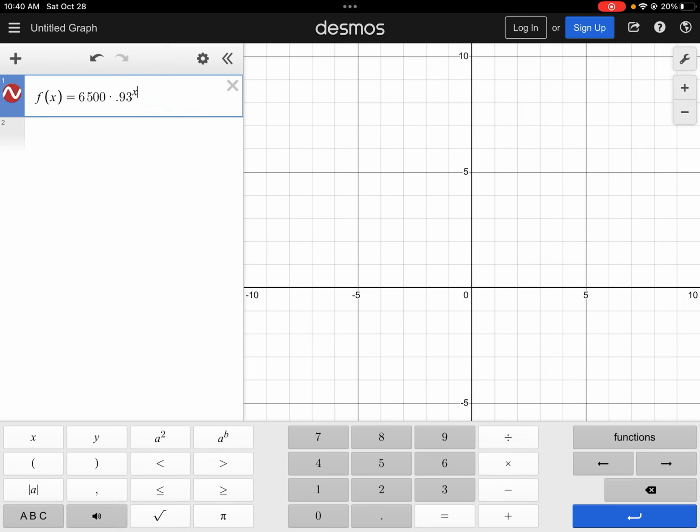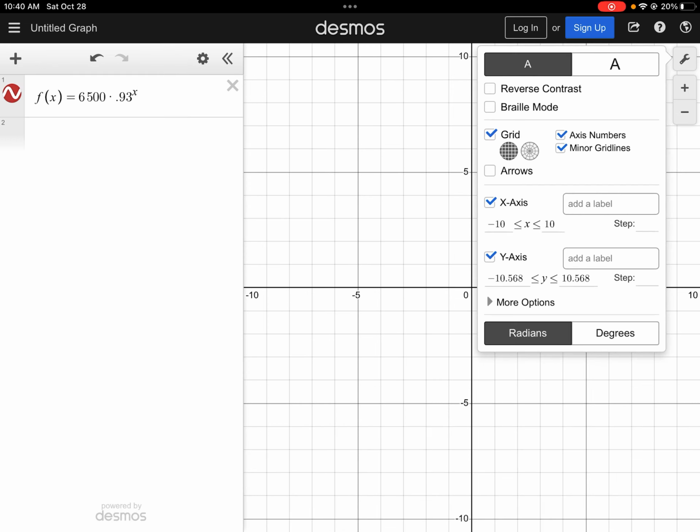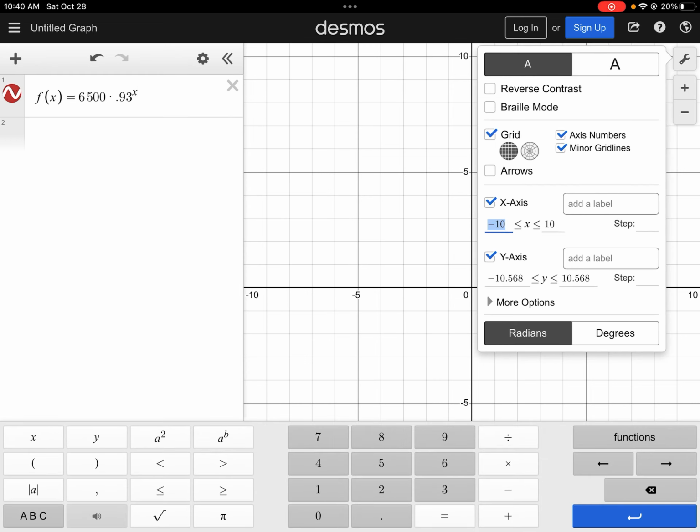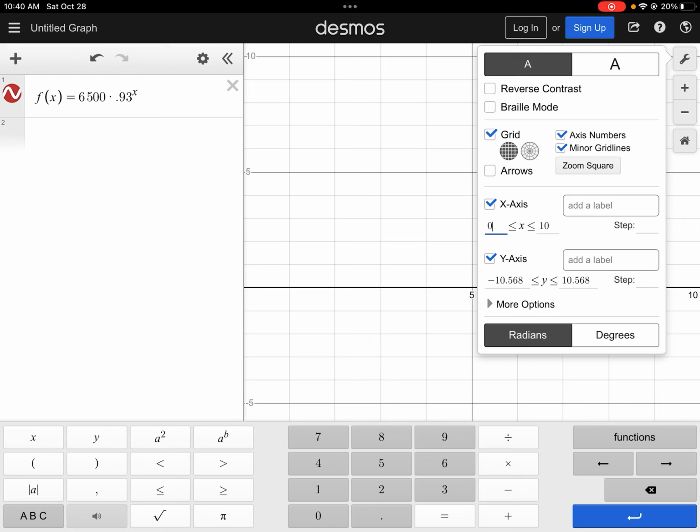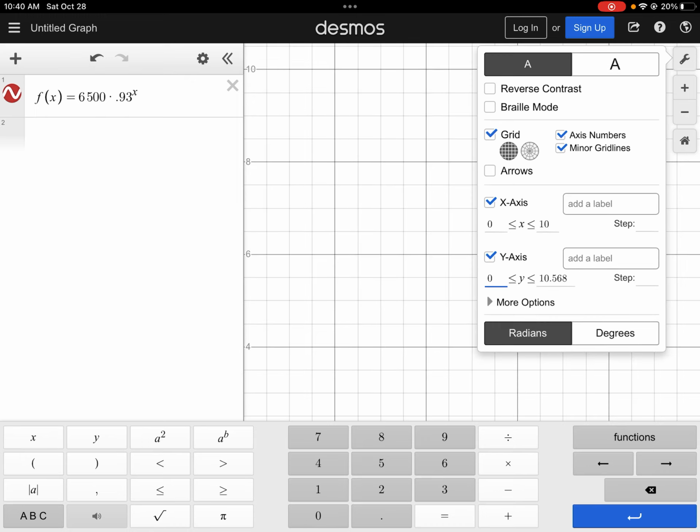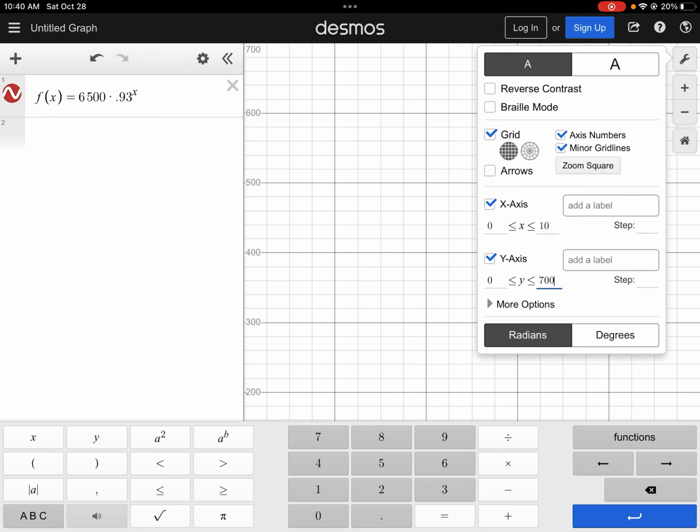And we'll have to adjust our graph here because we can't see it. So we'll click on our tool here. I want to start at 0. And 10 for x seems pretty good. And then my y-axis, you can't have a negative number, but we'll put our maximum at 7,000 like we did on paper. And then let's change our step to 1,000.